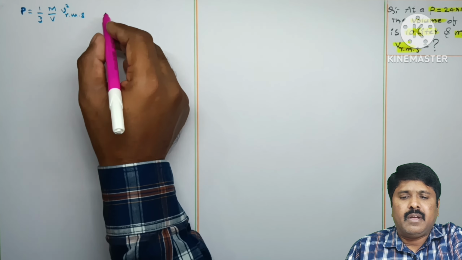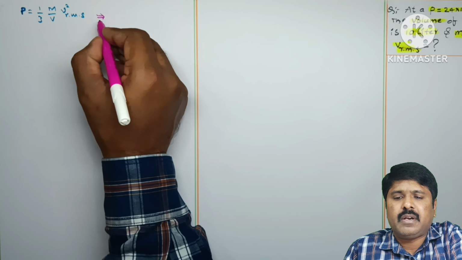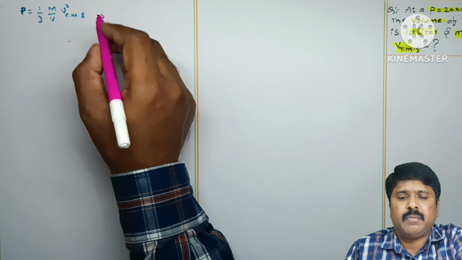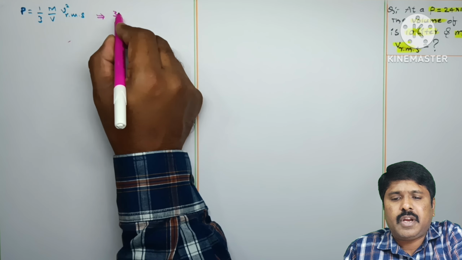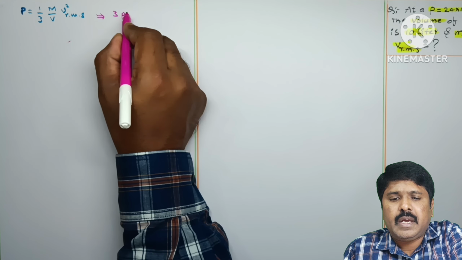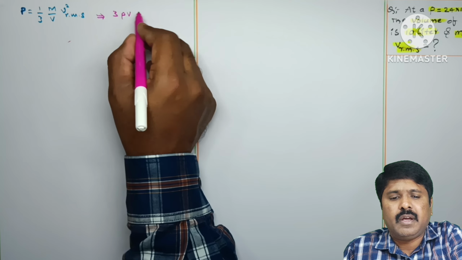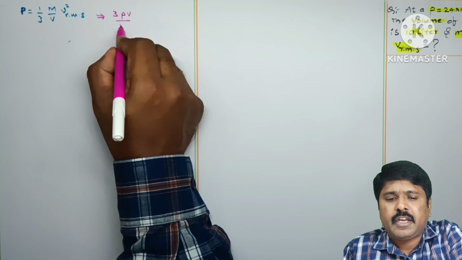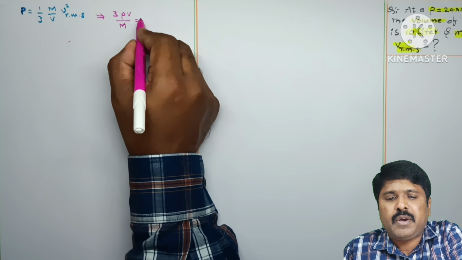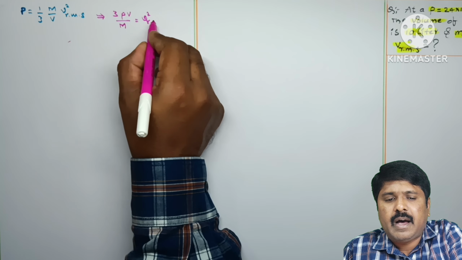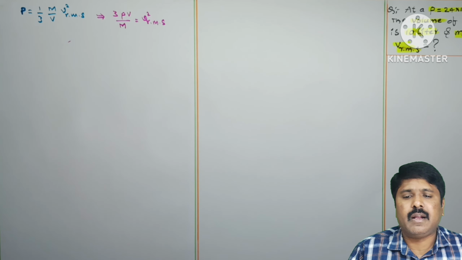See here, using this equation, first one is cross multiplication, that is 3PV divided by capital M, which is equal to V square RMS. See there clearly.